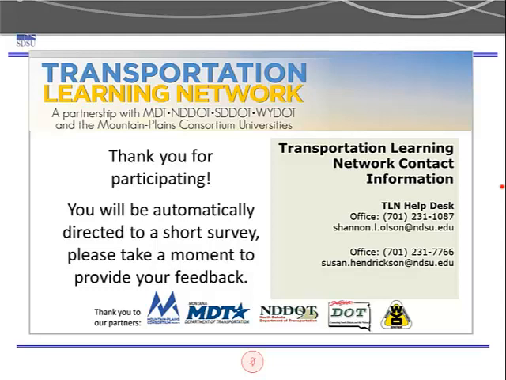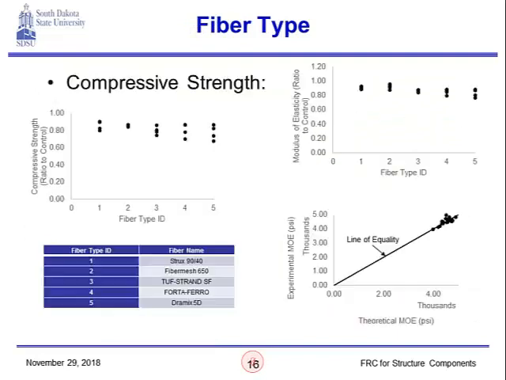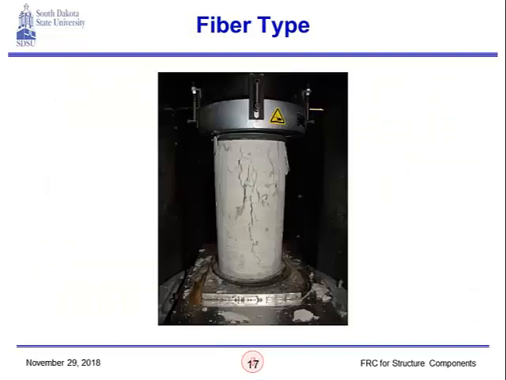But from the one that I showed here, I showed a picture, and this was for all mixes. So this failed specimen is exactly the same failure mode for all of them. The specimen is still intact, and that tells us that the fibers are still working. They are basically holding the pieces together, as compared to conventional concrete where the specimen would completely crumble.